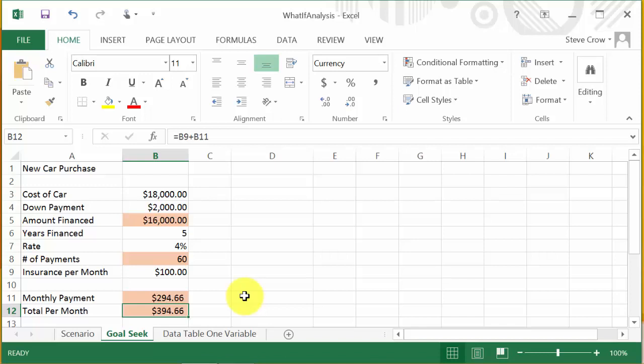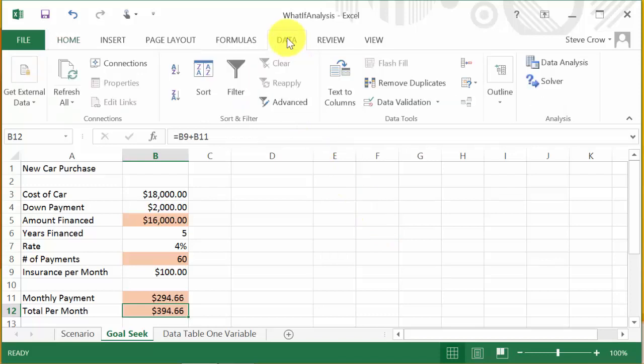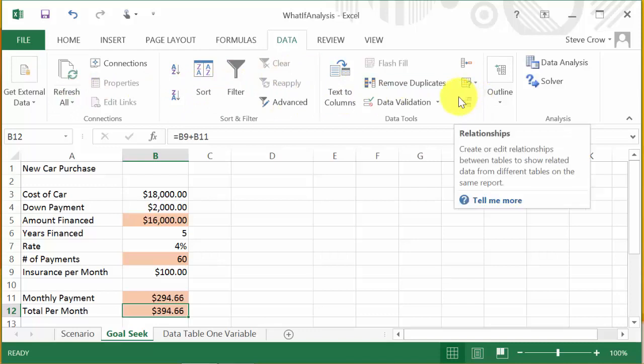Well, let's say I want my payment to be less than that. Maybe I need it to be 330 a month. That's more along the lines of what I can afford. So let's see what we can do. If you come over here to the data tab, right now on mine it's not showing the what if analysis.